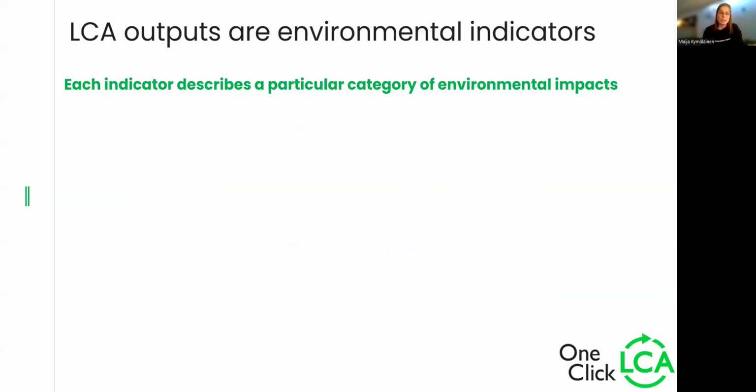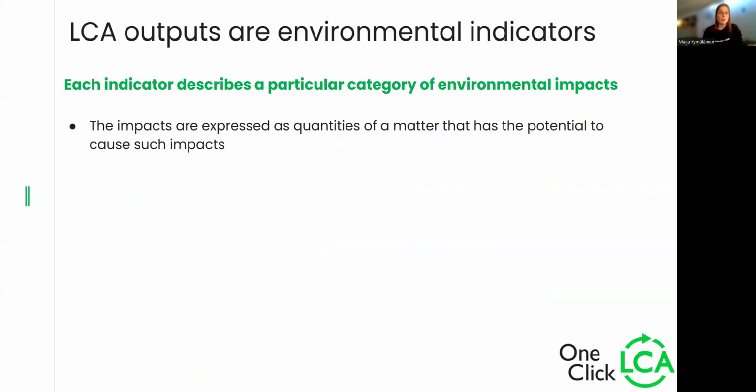So the outputs from an LCA are impact category indicators, and each of these has an effect on a certain impact category. So the impacts are expressed as quantities of matter that have the potential to cause such impacts, but they do not represent the actual harm, which is the final impact, i.e. the endpoint.